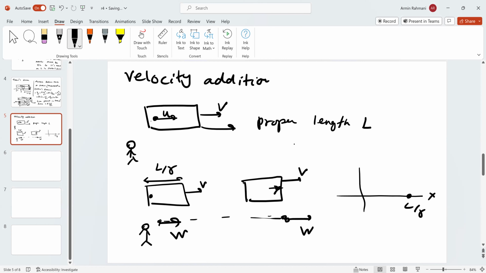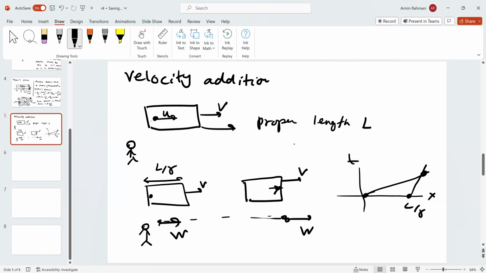That's the front of the train. That's ahead, but it's moving more slowly with some velocity v, and then this ball that's thrown, or that object that's moving inside the train, is moving faster, but starts at the origin.